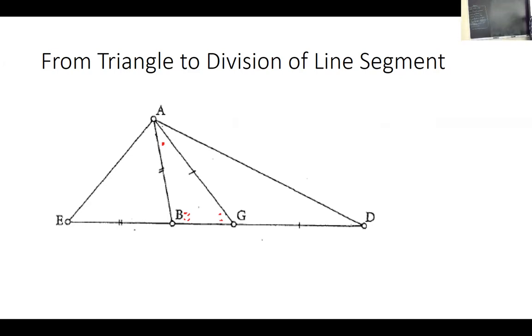What you do is take the triangle that you get from the heptagon and lie it down on its short base, and you extend that short side in the directions E and D. You want BE to be the same length as AB, and you want GD to be the same length as AG.